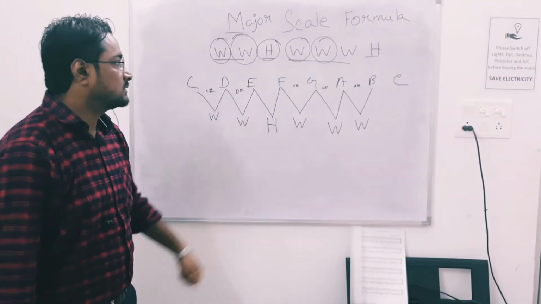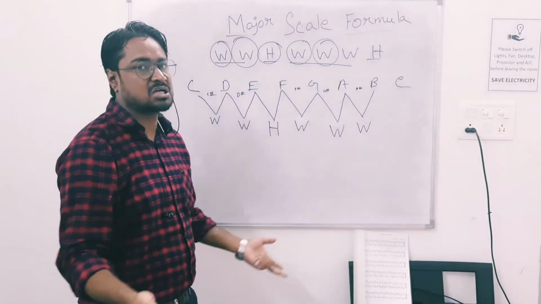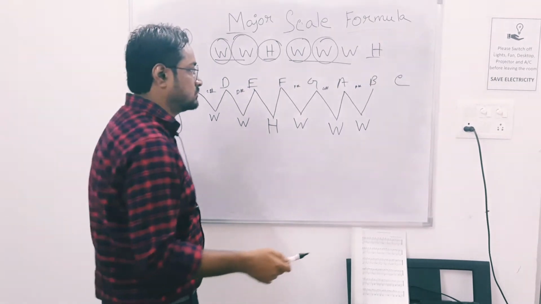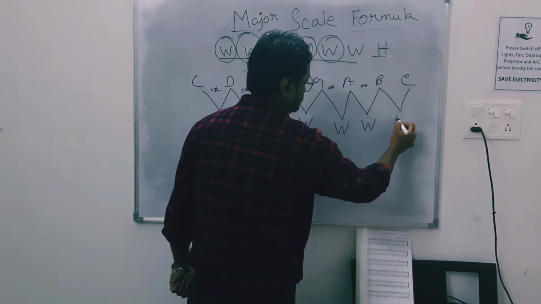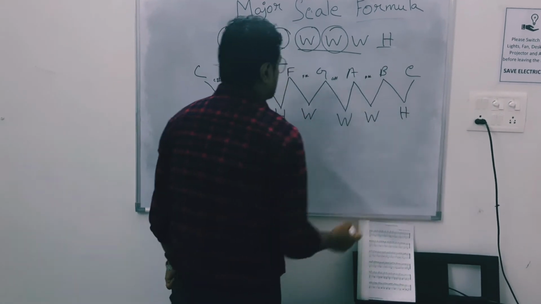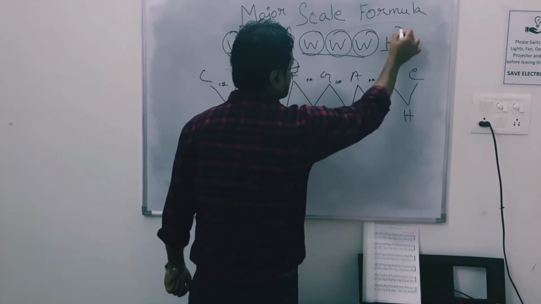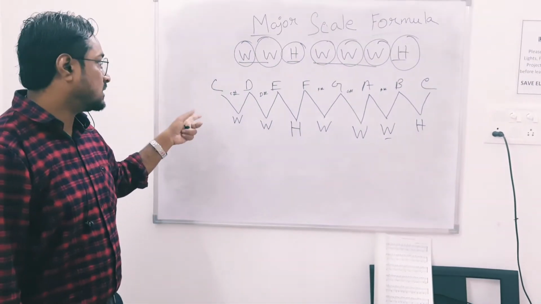And the last one, between B and C, there are no sharp or flat notes, so it's again a half tone or half step. This is the formula.